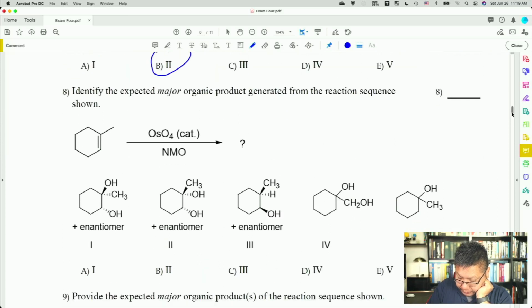This one should be pretty easy because it's asking the major organic product for this reaction, which we have osmium tetroxide there, right? And so this is simply a syn addition, syn dihydroxylation.